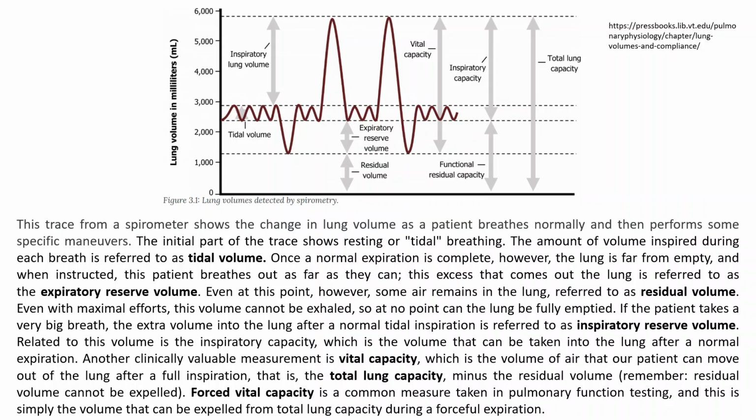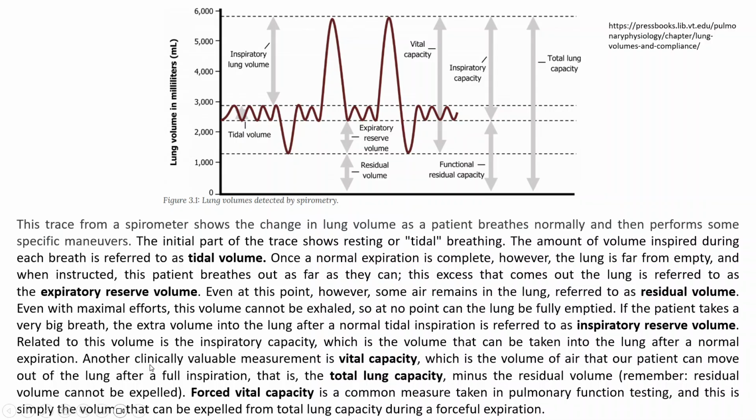So these are just measurable quantities. We've already discussed the main things; now we're looking at what is easy to measure. So tidal volume, expiratory reserve volume, residual volume, inspiratory reserve volume, and then total lung capacity, and then you have something called the forced vital capacity.